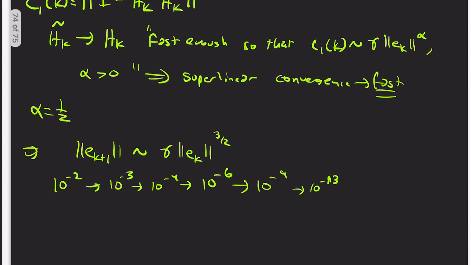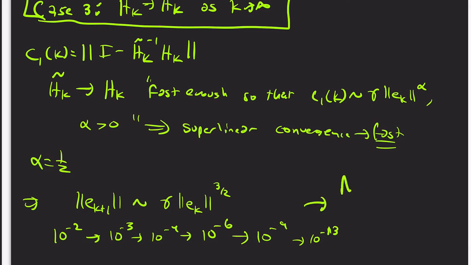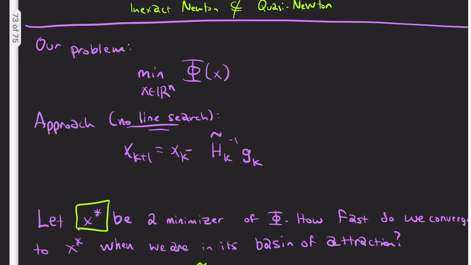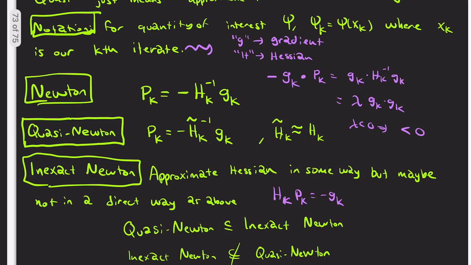And this will be the motivation for Newton CG or Newton Krylov. And I'll circle Newton Krylov because Newton CG is a type of Newton Krylov method, which we'll get into in the next video. And this is the idea I talked about earlier when I was talking about the exact Newton methods. So the idea here is that you don't solve this exactly.